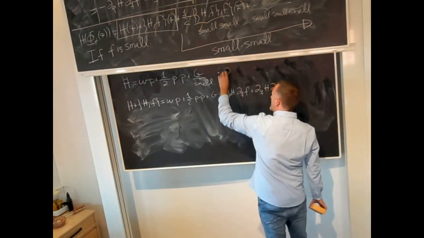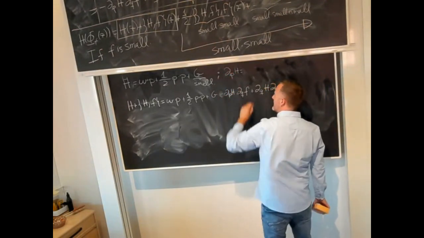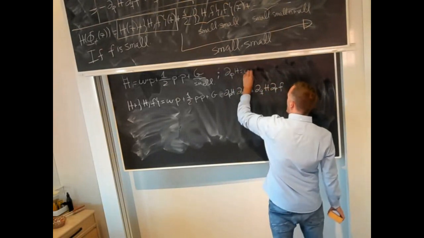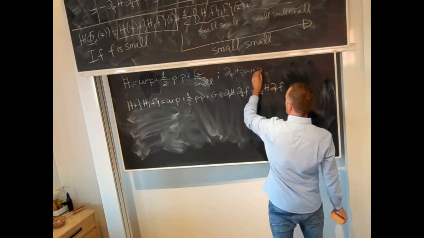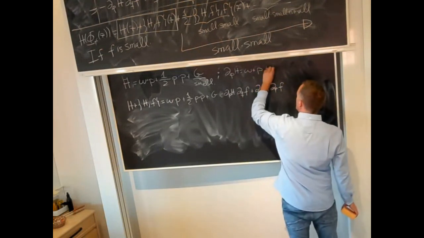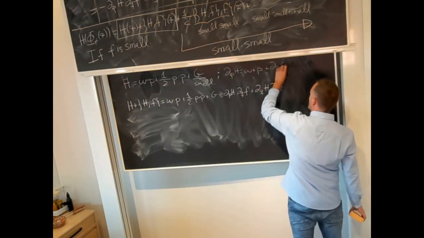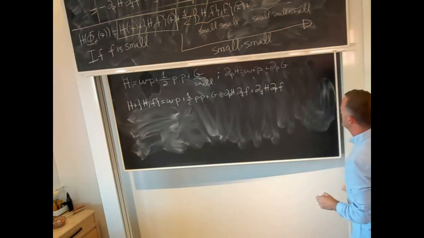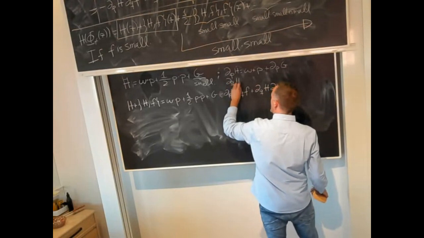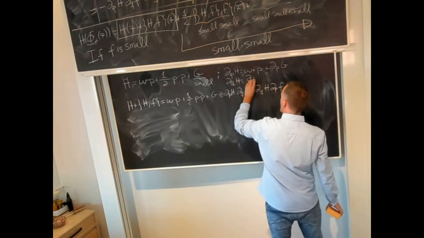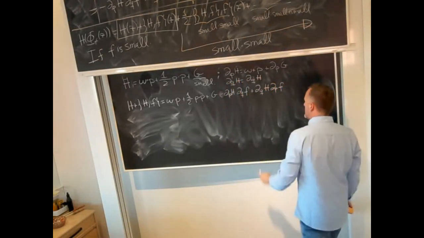From this h, we have that the partial derivative with respect to p is omega plus p plus the partial derivative with respect to p of g. And the partial derivative with respect to q of h is the partial derivative with respect to q of g.